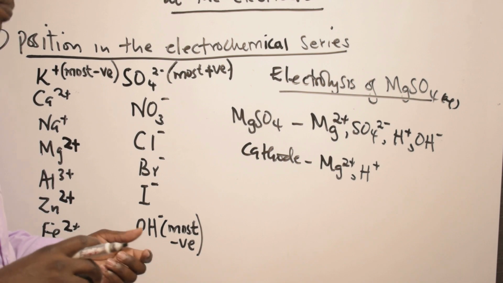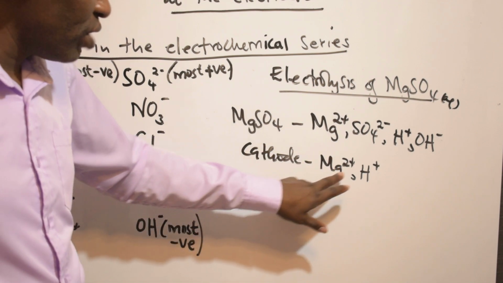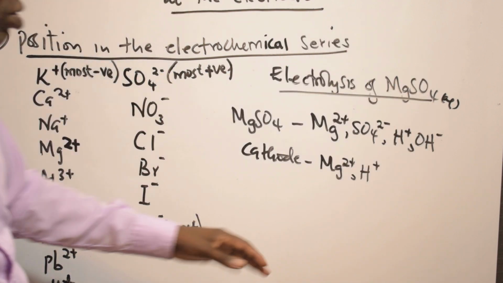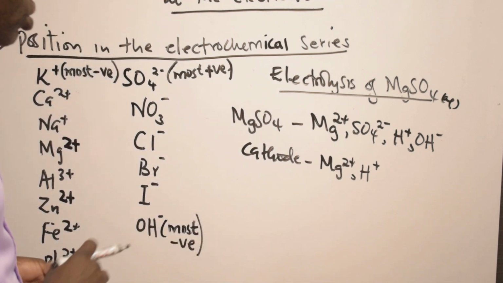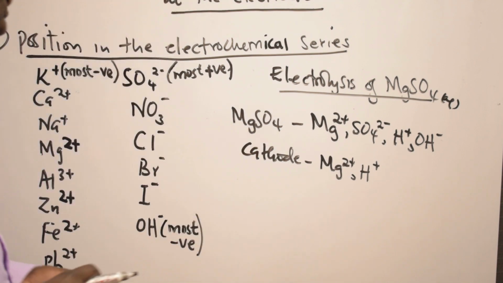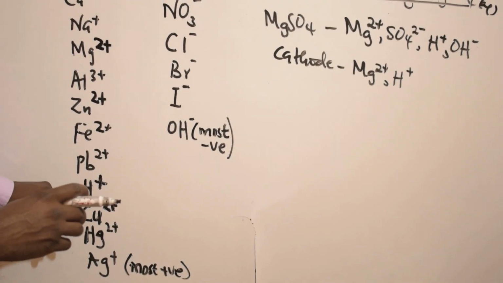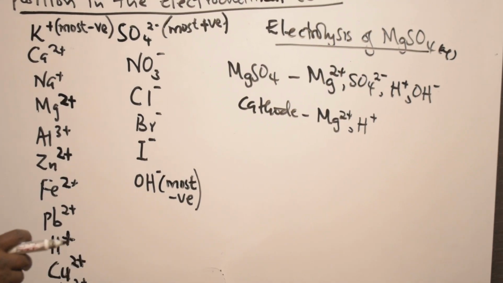Basically, at the cathode they are going to regain the lost electrons to form atoms. So when it comes to the gaining of electrons, maybe we can argue out between magnesium ions and hydrogen ions. Which of these will gain electrons more readily than the other?